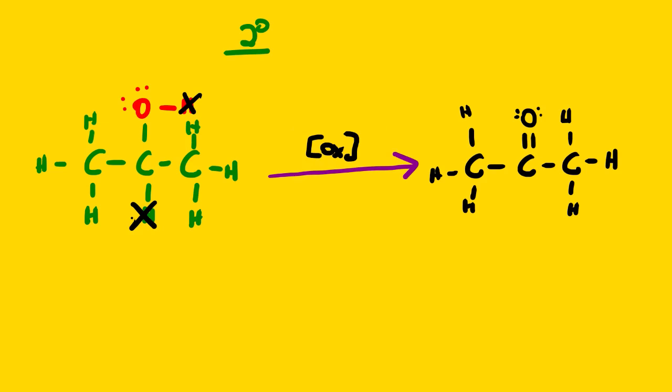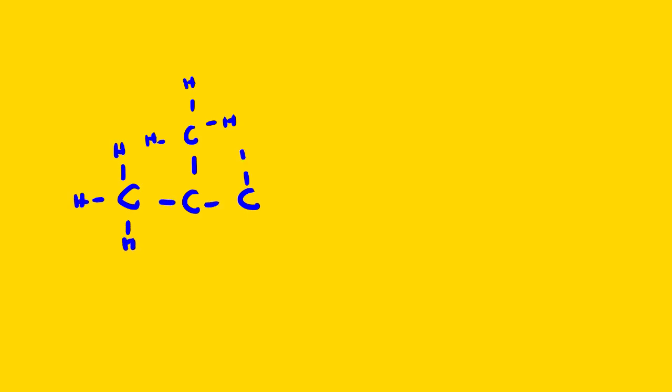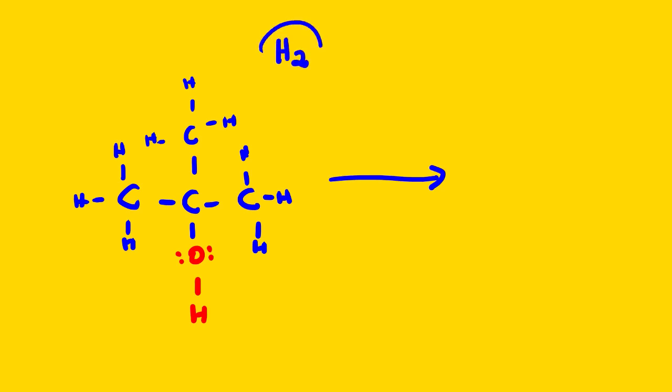Now let us look at a tertiary alcohol. Why do we say there's no reaction? An example of a tertiary alcohol is something like this, and then we have our hydroxy group here. Remember, we said the basic mechanism is that we have to remove hydrogen atoms.